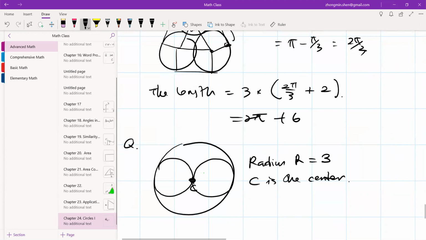Okay? So what I'm going to do is I still have a space room to put the 2 congruent little circles. Okay? So what is the radius of the smallest circle?